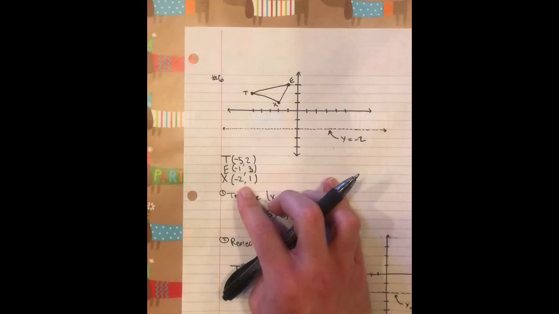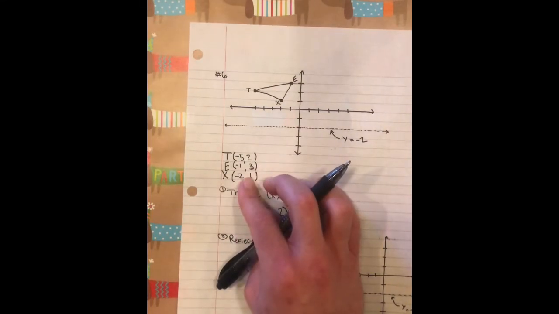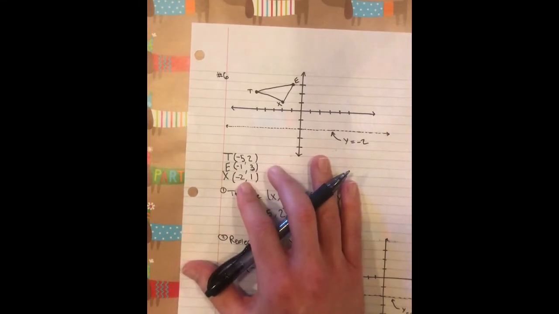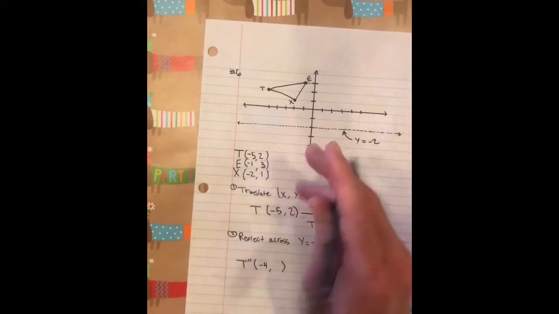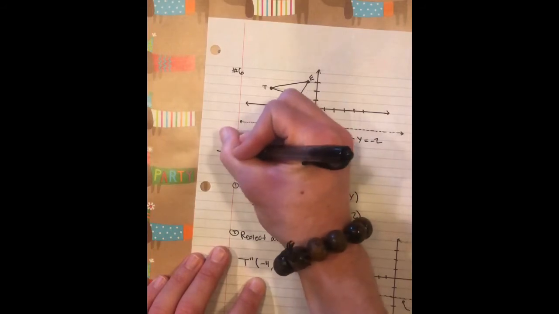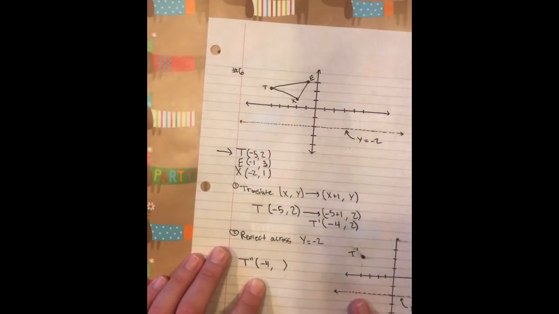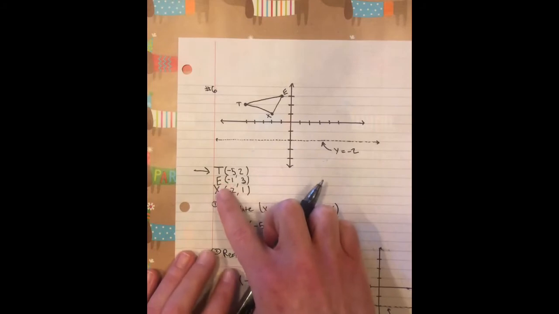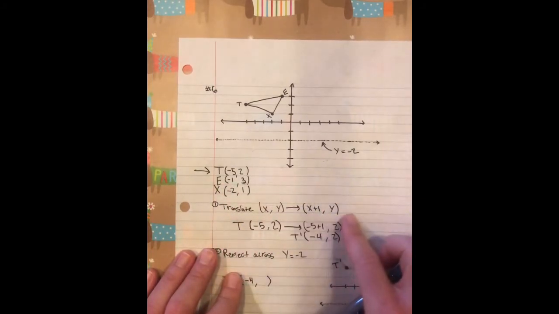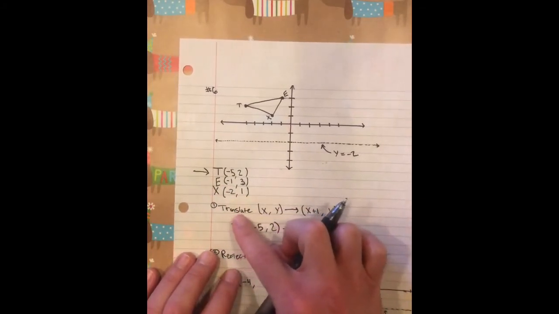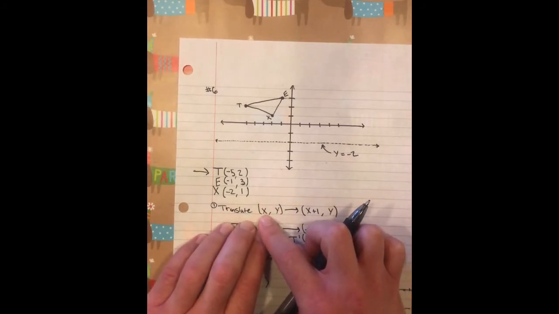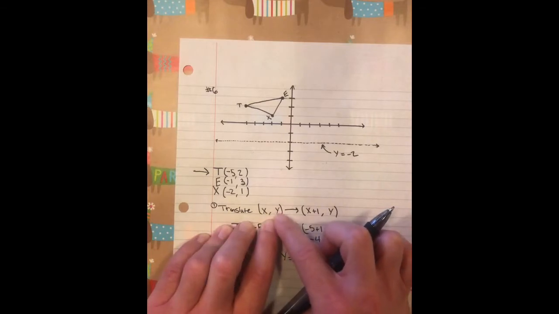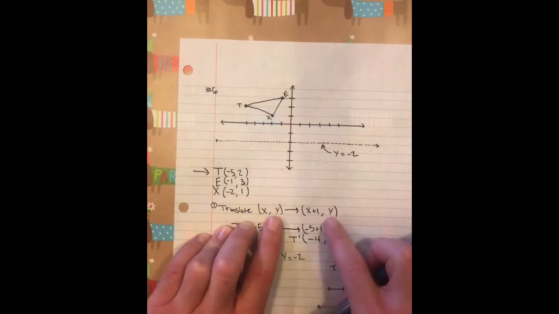Now we need to translate and then reflect. Step 1, translate. Luckily it only has us answer for the point T, so we are only going to focus on those coordinates. Let's plug them into the rule it gave us. Translate all of the x coordinates, x plus 1, and the y coordinates we leave alone. There's no plus or minus, so we're just leaving it alone.